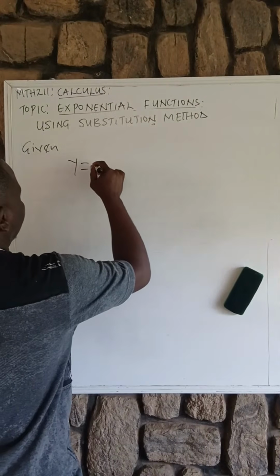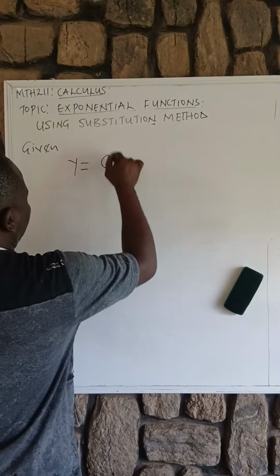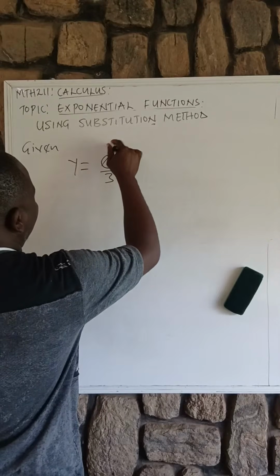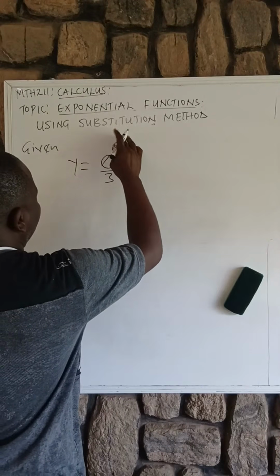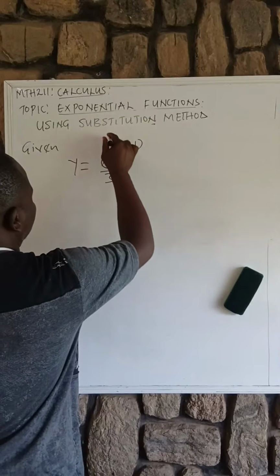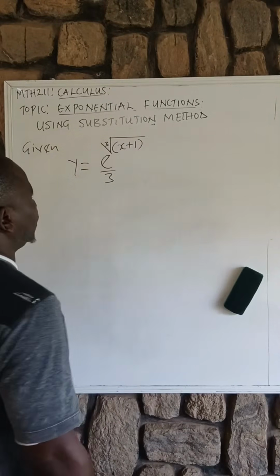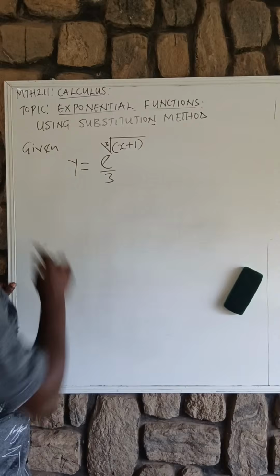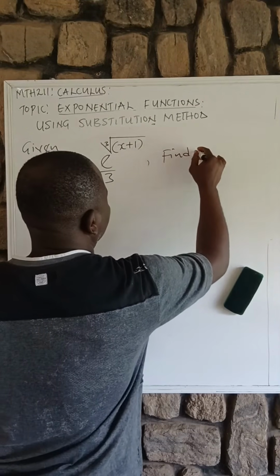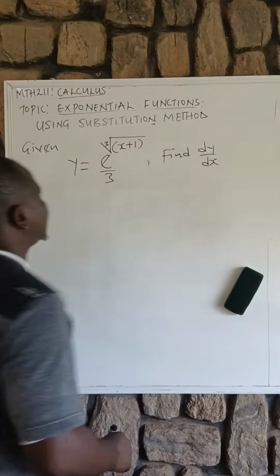Given y equals exponential (x plus 1) all over 3, cube root of this, then find dy over dx.